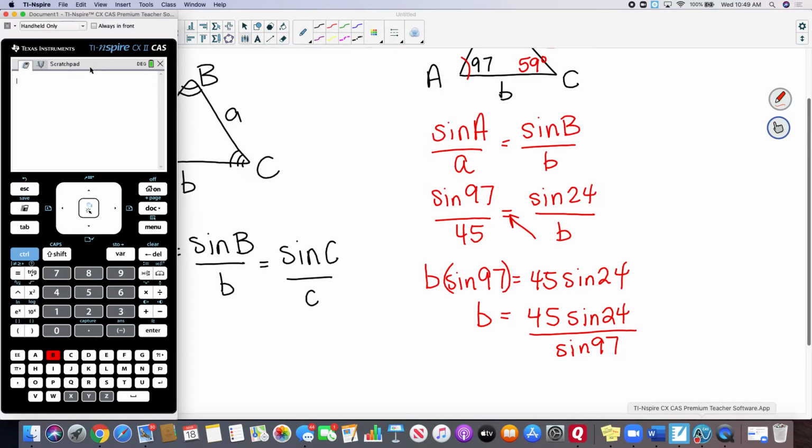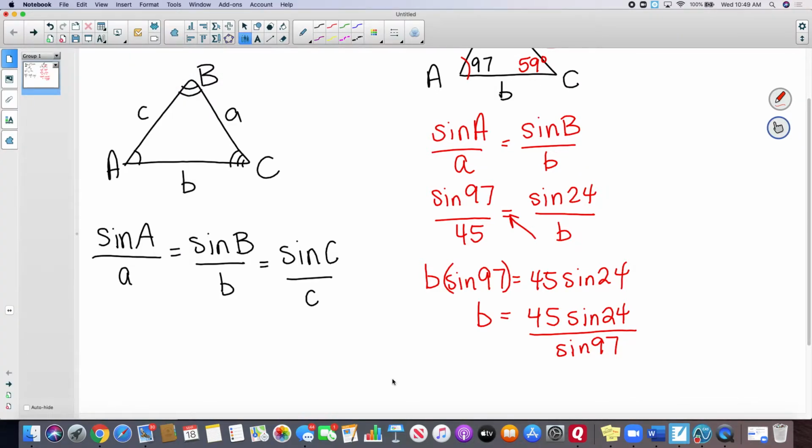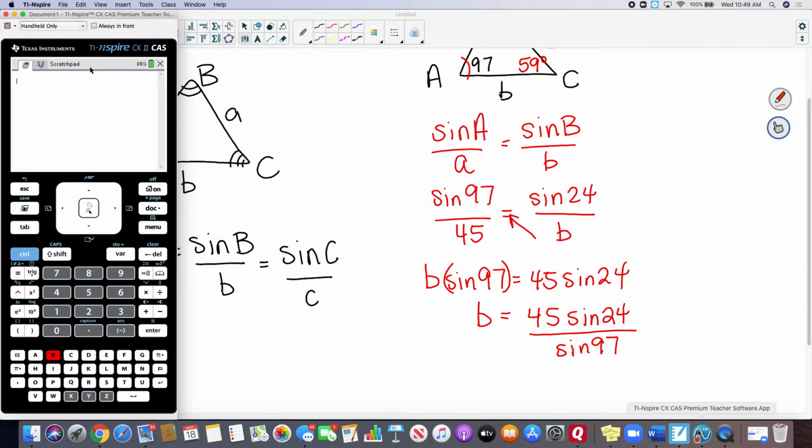I've pulled my calculator up, so you're in degrees and in Scratchpad. We type control divide, 45 sine 24, and then come down here and do sine 97. I'm using a slightly different calculator than you have, so I have to put a decimal point after 97, or it doesn't give me my answer as a decimal.